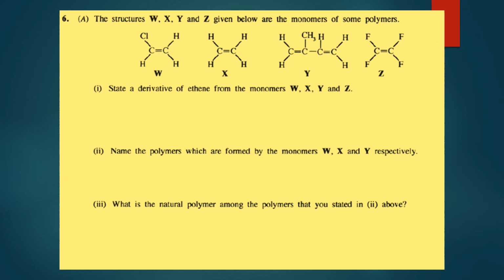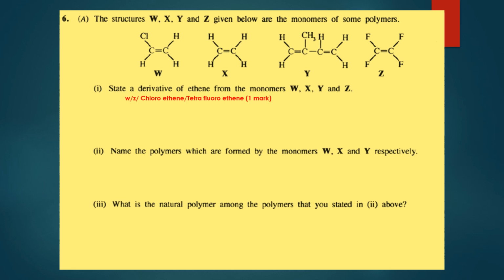If all 4 hydrogen atoms are replaced by fluorine atoms, then C2F4 is formed. This is tetrafluoroethene. So derivatives are W and Z for chloroethene and tetrafluoroethene. You can earn 1 mark for that.